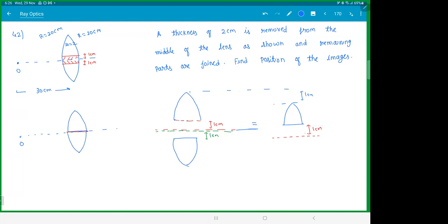And this lower lens, what will happen? This lower lens, you're pushing it up. Iska principal axis will shift up 1 centimeter. Are you getting? The two principal axes will go up and down. There'll be two images. So let me show you how that happens.